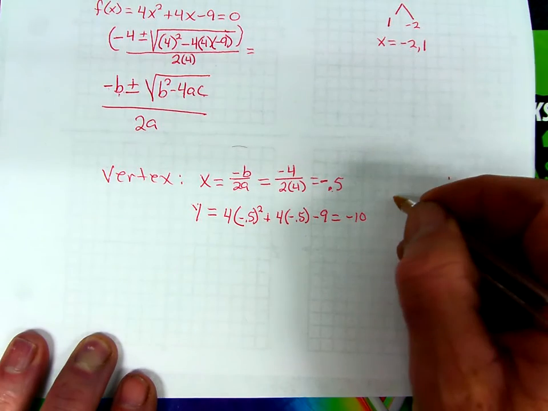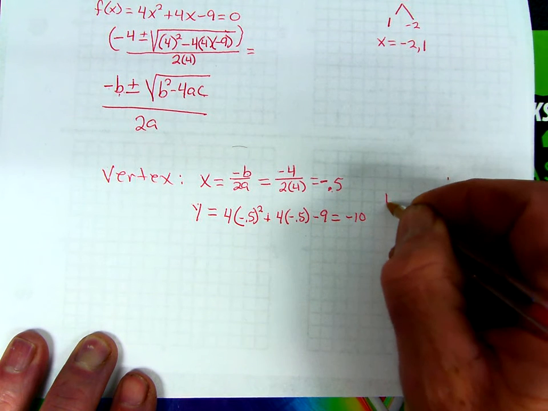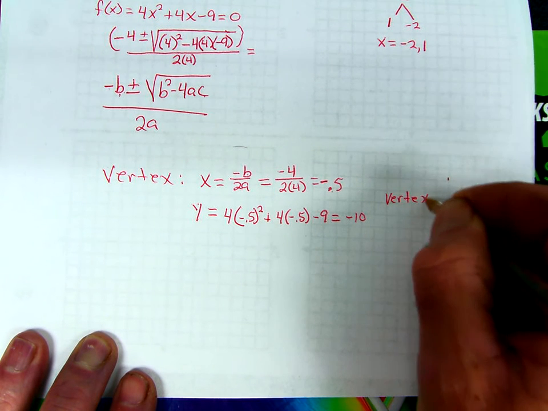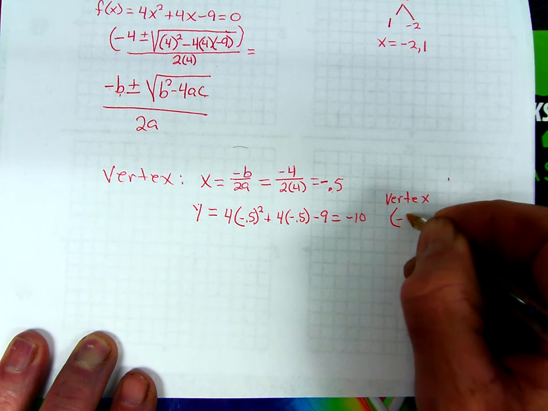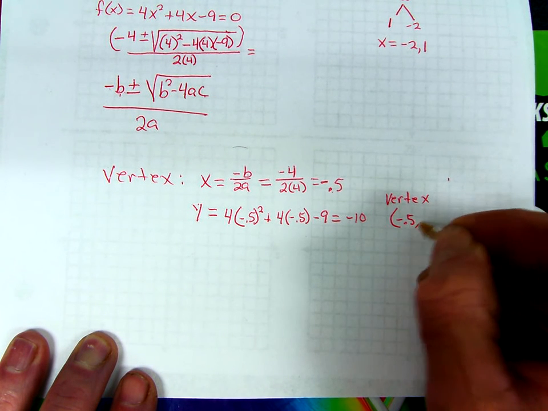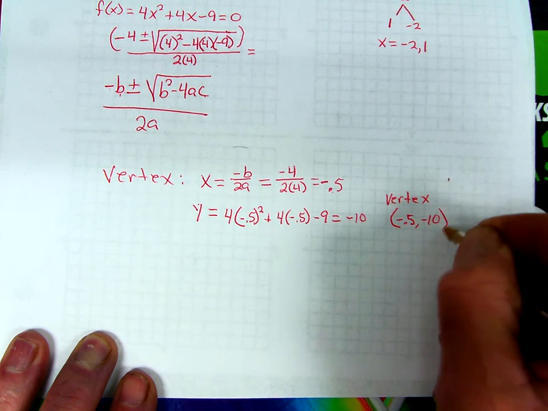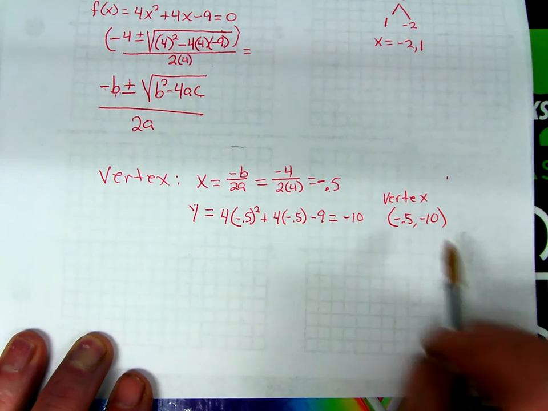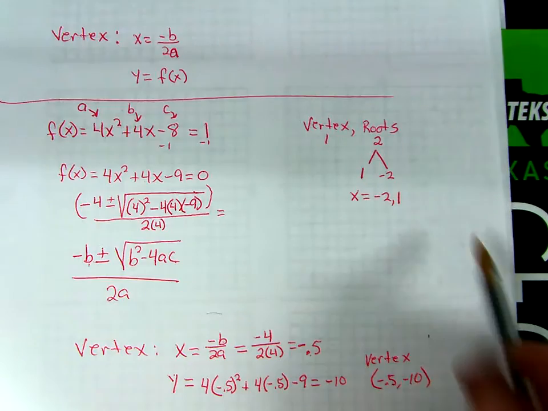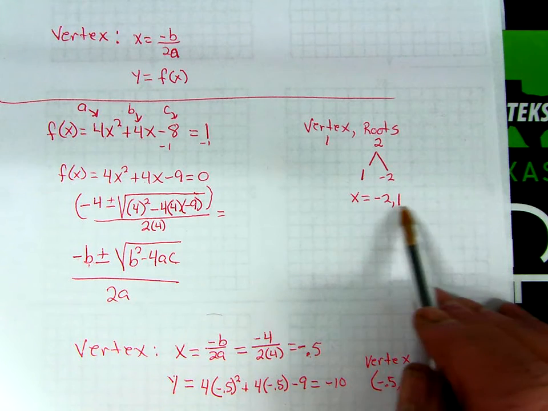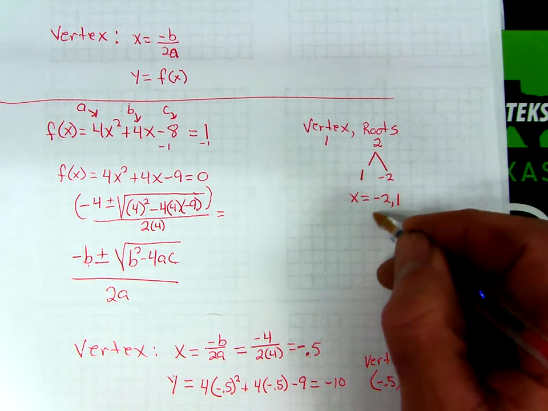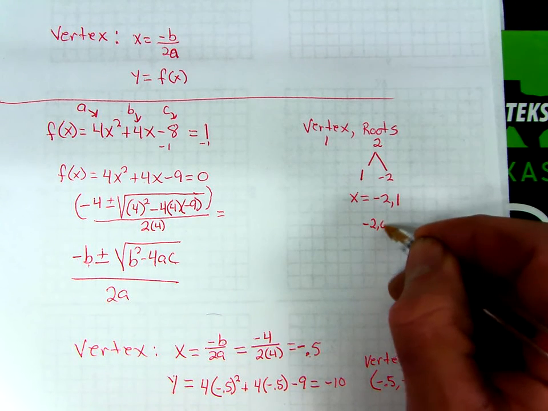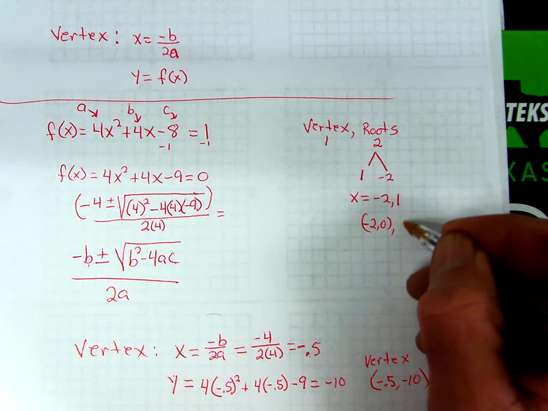That's a point. So my vertex is the point negative 0.5, negative 10. Well, I've got one point, and I've got these two roots. These are also points. This one is negative 2, 0, and this one is 1, 0.